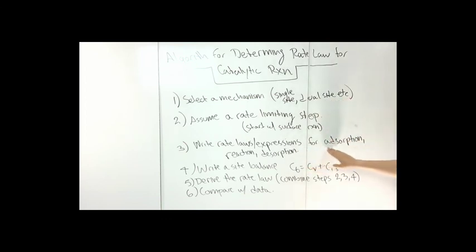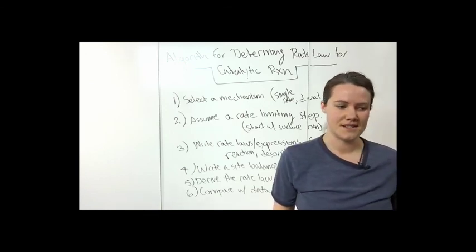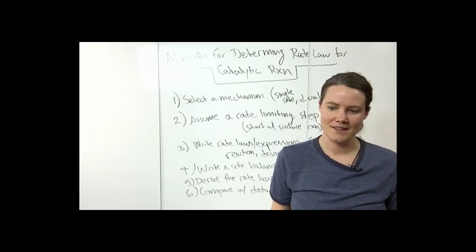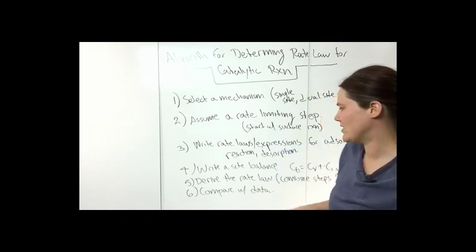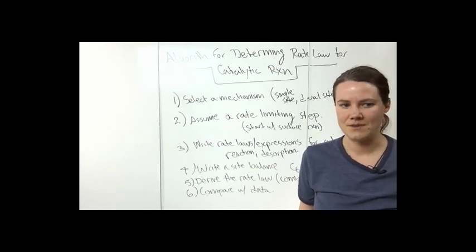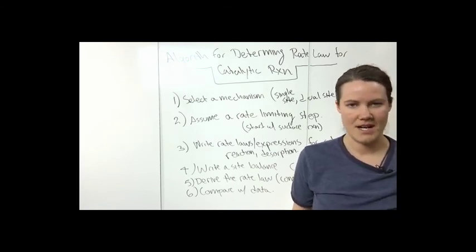Just start writing down your rate laws, and if you're having trouble writing these down, I highly recommend reviewing chapter 3, especially the information on reversible reactions, because it's basically the same idea. The only difference is you're writing for a catalytic reaction instead of the reactions we have been doing.